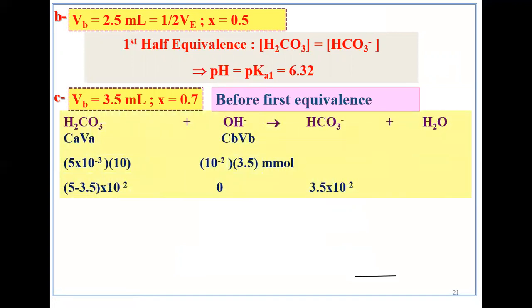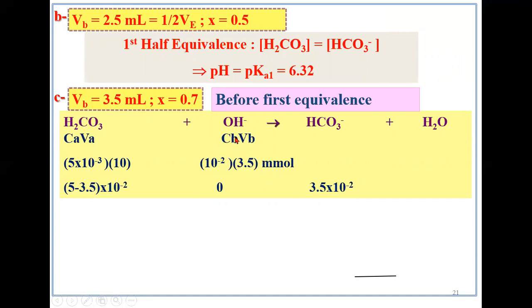So before equivalence, we have the diacid will react with OH to give me hydrogen carbonate and water. CAVA, CBVB, and here I'm using volumes in milliliters and the concentrations or the moles will be in millimoles. It just eases calculation, or the numbers are just easier to deal with when you do that.